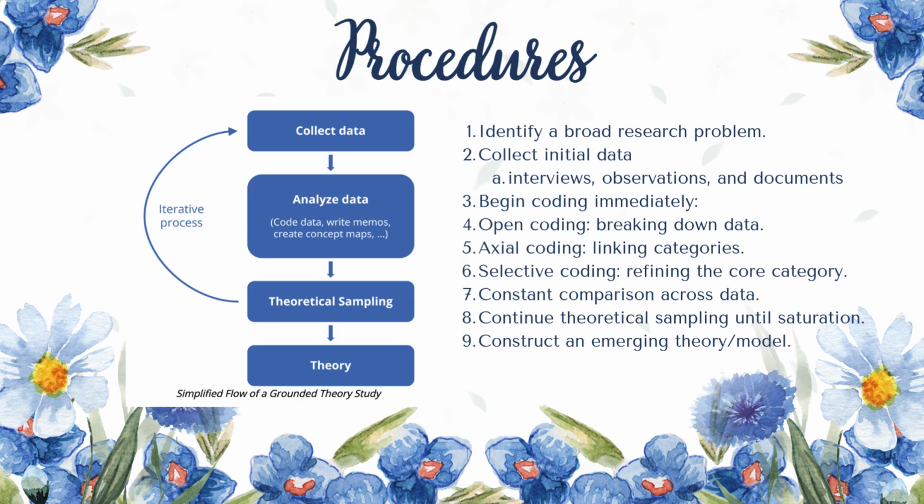You want to start with breaking it into those bigger categories, and then it refines it and pares it down. The use of constant comparison helps refine these categories to help ensure that we are getting the most from the data that's being collected. And when we engage in theoretical sampling, we gather more data to saturate categories.